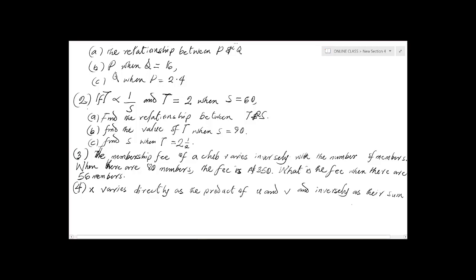So next now is, if X equals 3 when U equals 3 and V equals 1, what is the value of X if U equals 3 and V equals 3?